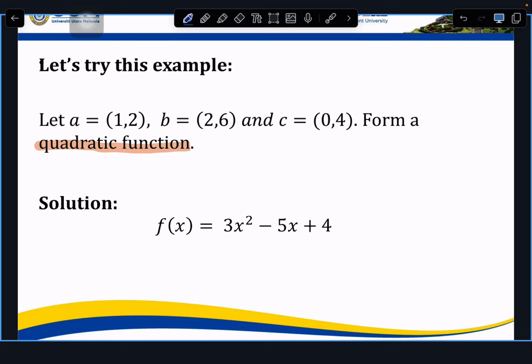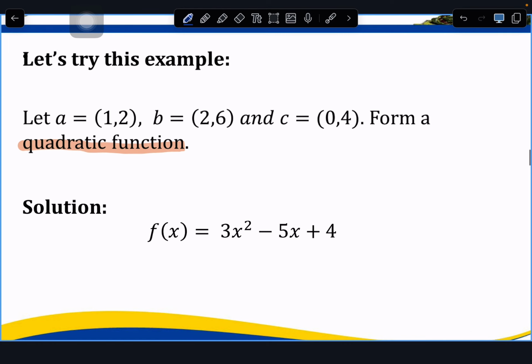So what do you know about quadratic functions? You know so many things: axis of symmetry, smile, sad face, etc. But does the axis of symmetry help in this case? No. Curve? No. So you need to find suitable information to help you with this one.